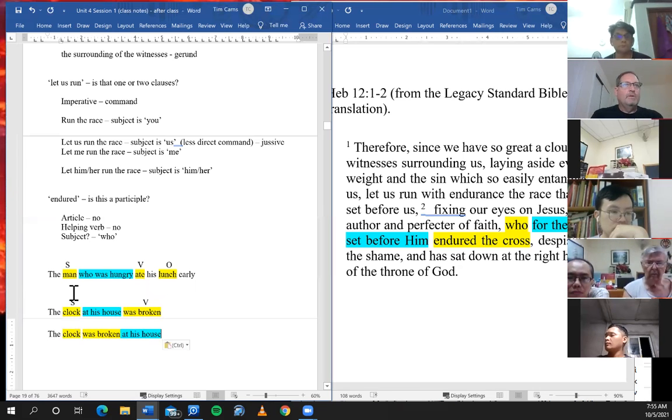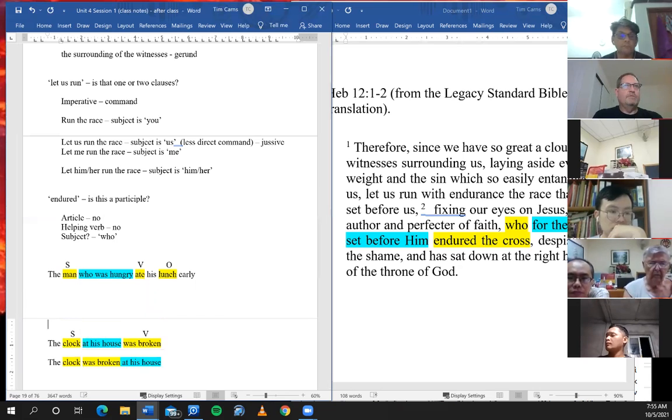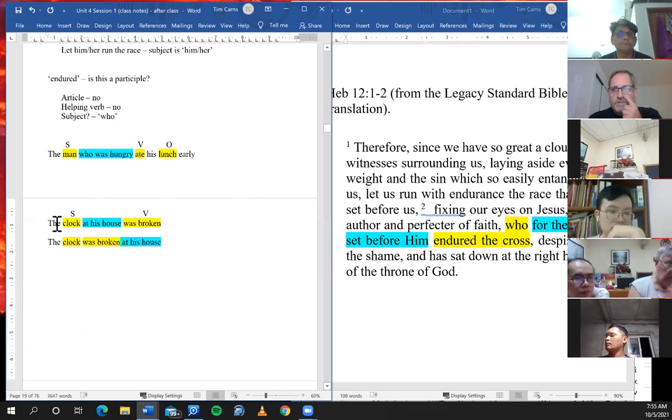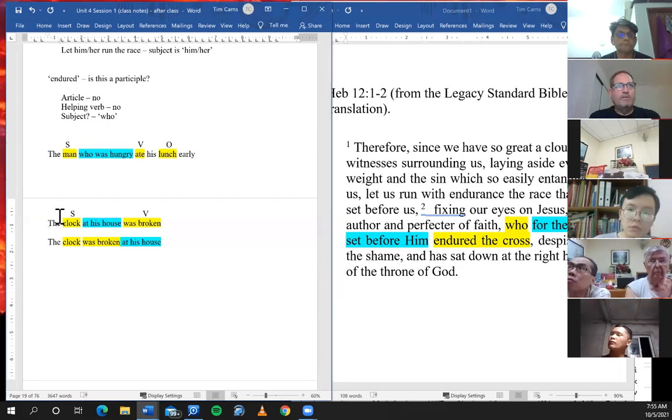These two sentences are saying something different because of where I placed the phrase. The first sentence is saying the clock at his house was broken. The phrase is describing the clock. It's telling me which clock.